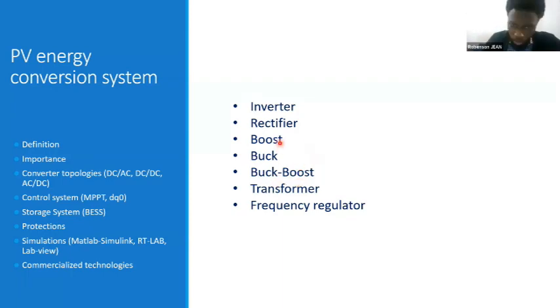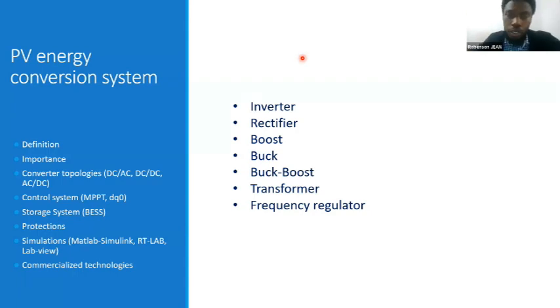An inverter is usually used when we have an AC load, an alternating load. So the inverter helps us pass from DC to AC, and the rectifier does the opposite, because sometimes we will have to make a back-to-back, for instance, we already pass to AC, and at some place we have to use a DC load.